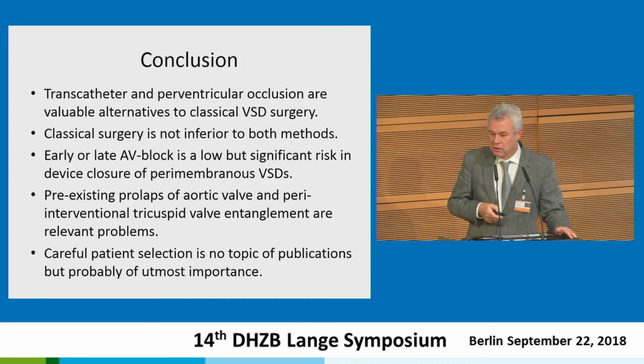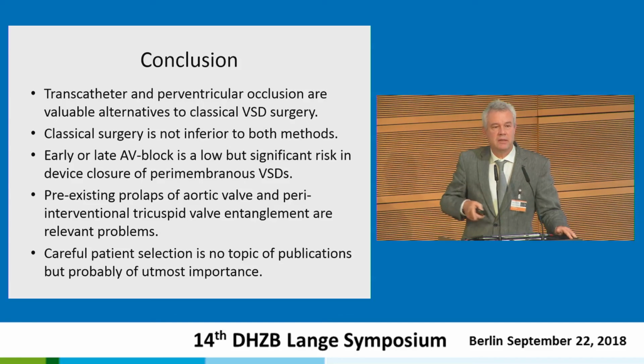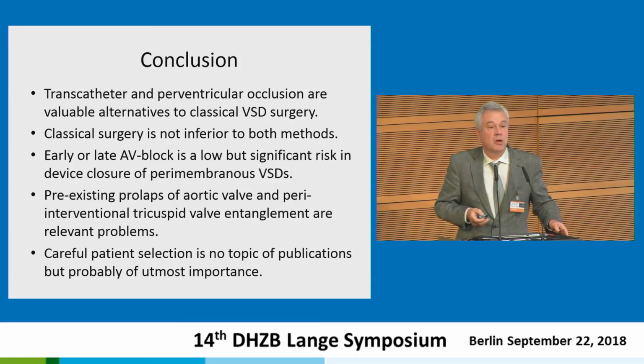Therefore, I think careful patient selection is of utmost importance, although you don't find it in the literature. So this is something every team has to decide itself, and I can give no recommendations because it's not part of the literature. Thank you very much.